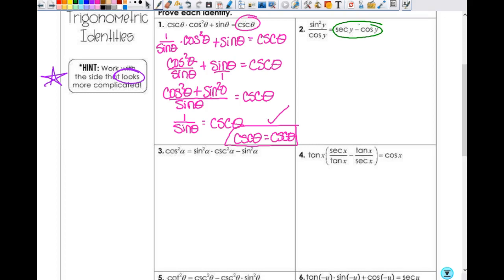But since I have that sine squared y, I can make that into 1 minus cosine squared. Does that make sense? If you've got something that you can substitute, and again, I'm not making this stuff up off the top of my head. It's coming from this, right? So instead of sine squared y, I'm going to have 1 minus cosine squared y over cosine y equals then secant y minus cosine y.